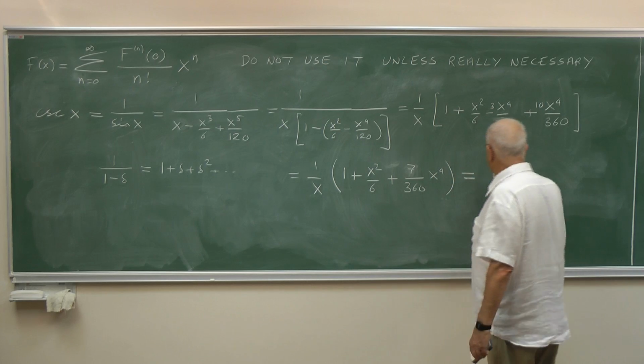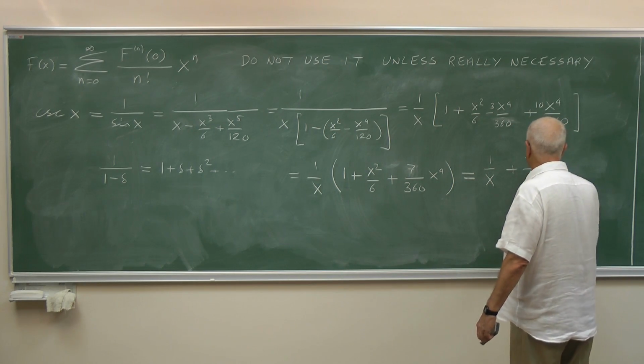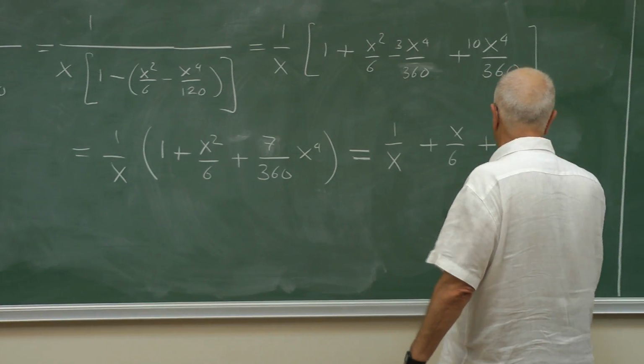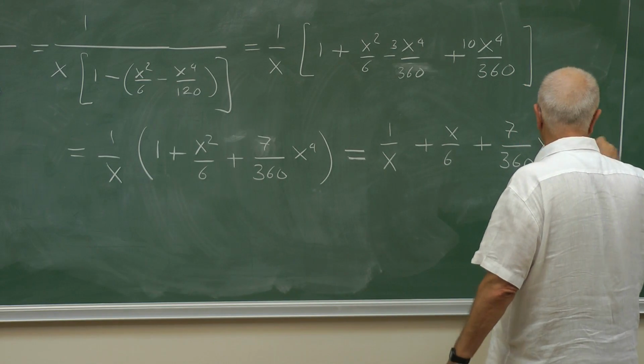Well, now let us write 1 over x plus x over 6 plus 7 over 360 x cubed and other terms.